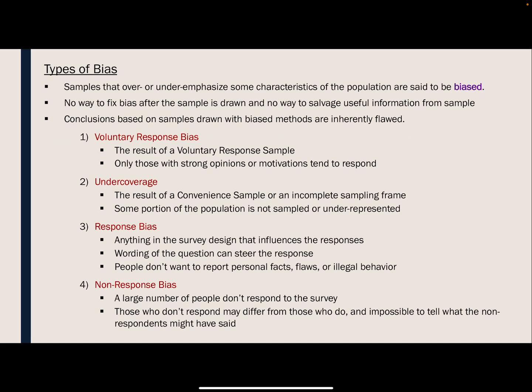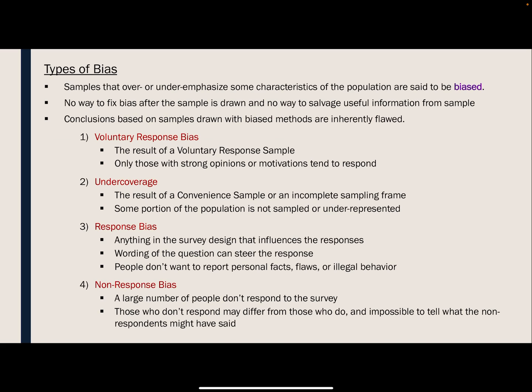This is also kind of what I was talking about with the United States taking the census, where entire groups are left out of that census, specifically homeless people or undocumented immigrants. So even though it's a quote-unquote good sampling method, there's still bias in it, and in that case there's undercoverage.